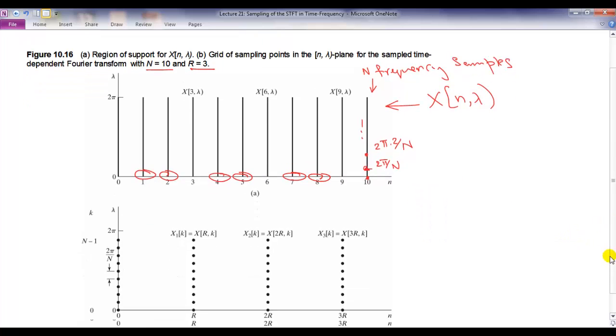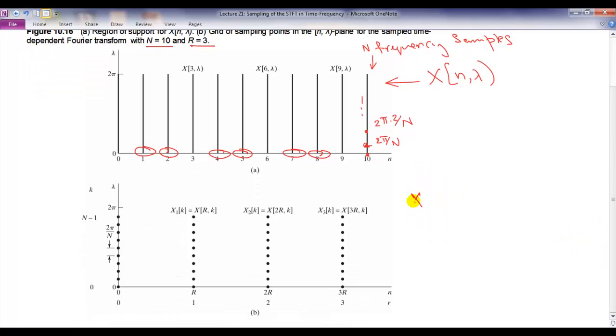So this is a subsampled short time Fourier transform, X of rR, k. As you see, you have just sampled the frequency axis every 2 pi over N interval, and you have thrown away these lines in between.